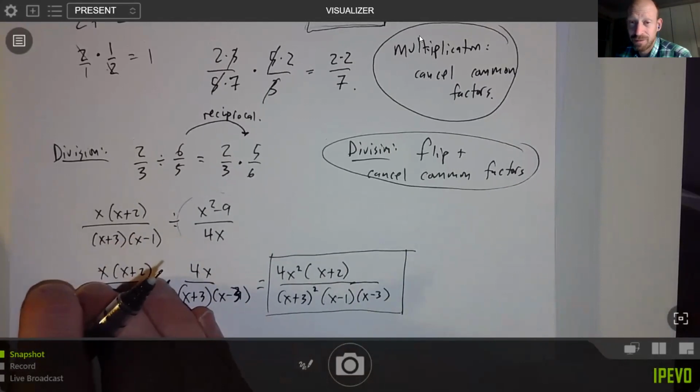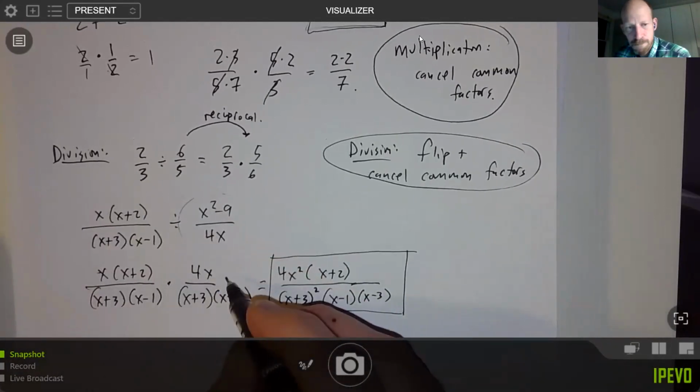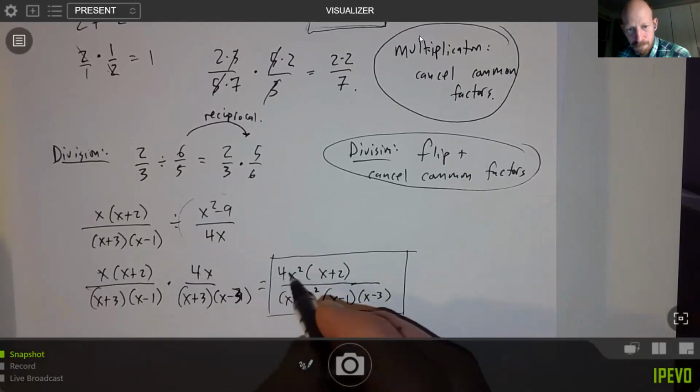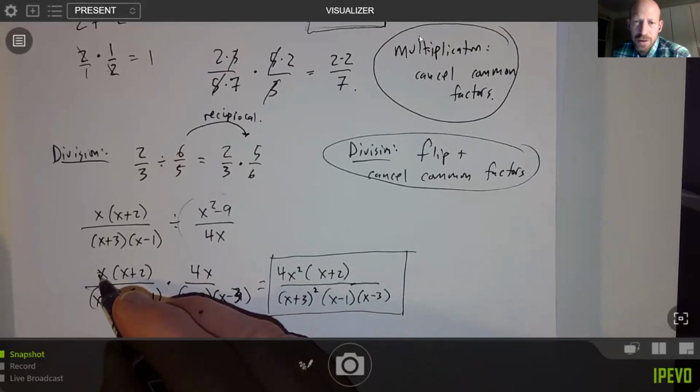So like I said, if you were multiplying across, wouldn't it be 4x squared? Like, are you multiplying the 4x with the x? That's right. I'm grouping those together just because it makes it a little easier to write.